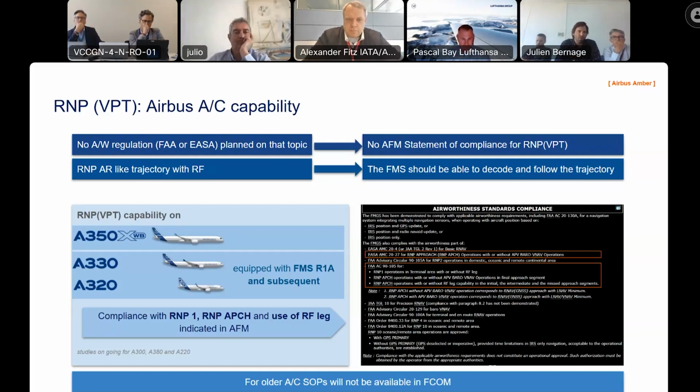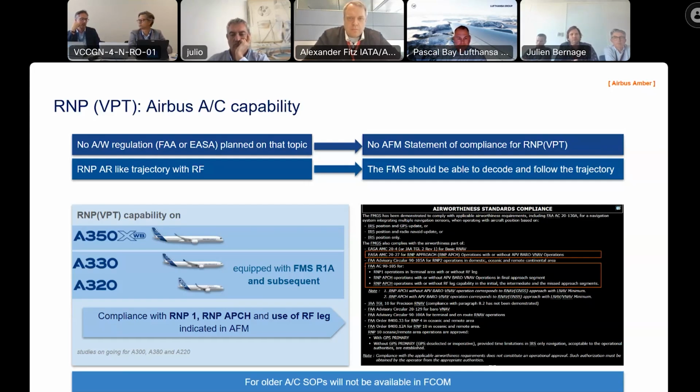What we can say for sure is that the capability is ensured on A350, A330 and A320 as soon as they are equipped with FMS Release 1A, Thales or Honeywell, and of course subsequent standards.